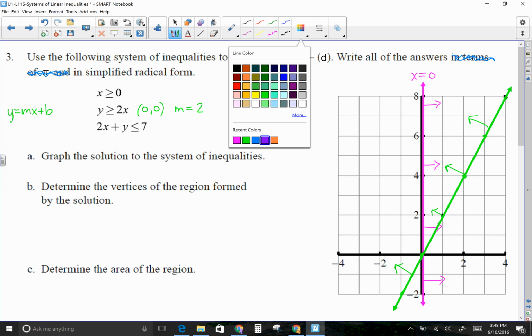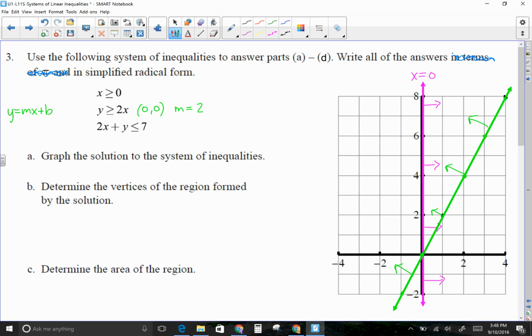Now let's go to the last one, 2x plus y equals 7, and that is our standard form, ax plus by equals c, that we talked about graphing using our intercepts. And our intercepts, if I put in 0 for x, then y is 7. And if I put in 0 for y, then x is 7/2, or 3.5 if you wish.